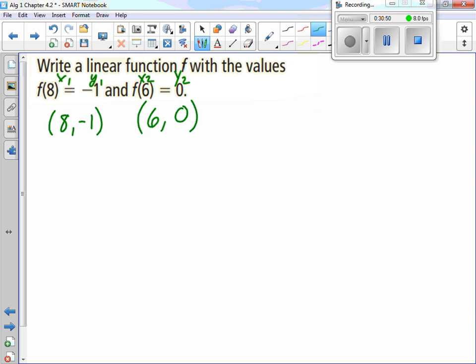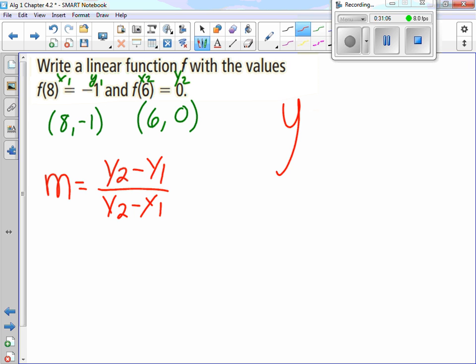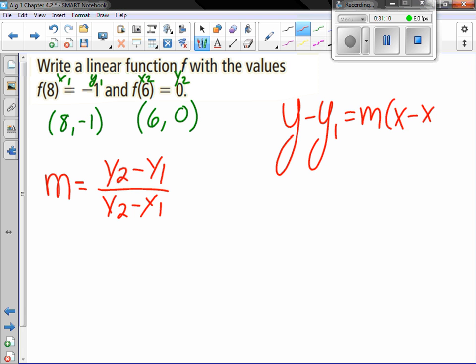Just because we have a 0 as one of the values doesn't mean it's a y-intercept. But what this does mean is that we can still find the slope and still use our point slope formula to find the equation of this line.